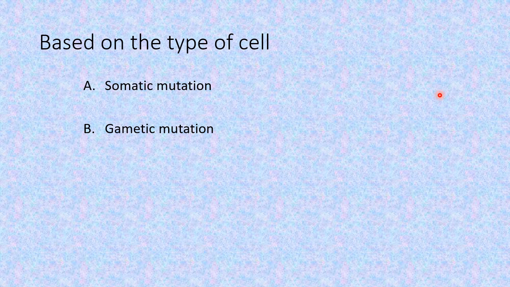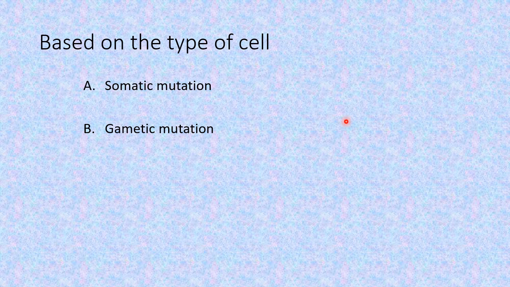Now, if these mutations take place in the somatic cells, they are present in that very particular organism. They are not carried over from one generation to another.